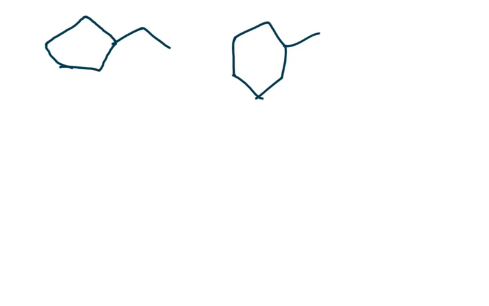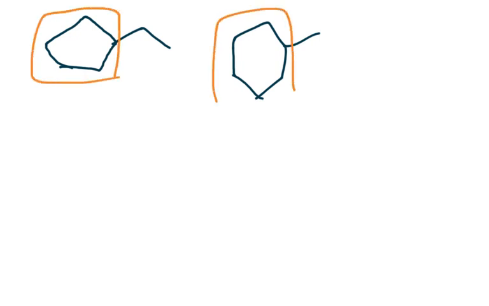The main part, the parent you could say, is the actual ring itself, for both these examples. What's the substituent? The substituent is this. So if we take this example first, what would be the name for this? Well, we know that the ring is a five carbon ring, and so it's a cyclic alkane, but specifically, what is it called?